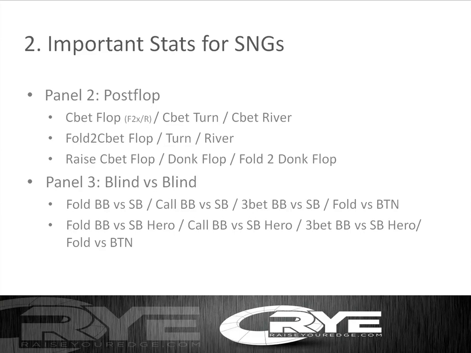The second panel is for the post-flop stats. It is structured for every street, so in the first line we have the flop, the second is the turn, and the third is the river. In the third line we also have some additional stats. We have the raise c-bet stat for the flop, donk flop, and then we have fold to donk flop.